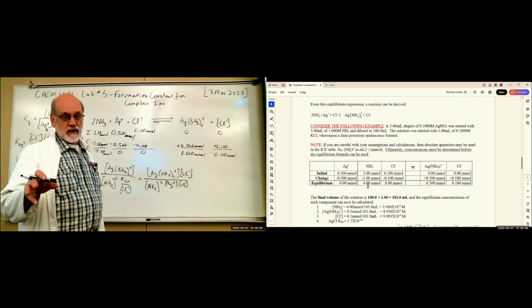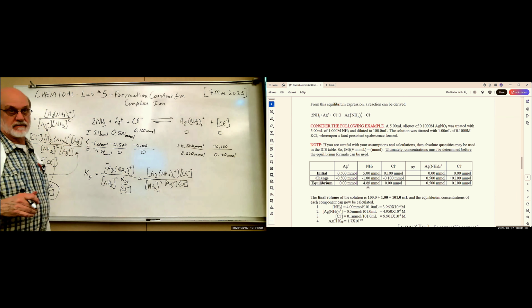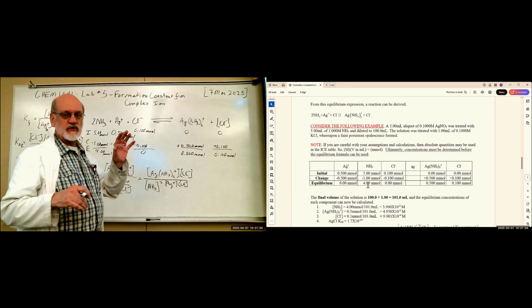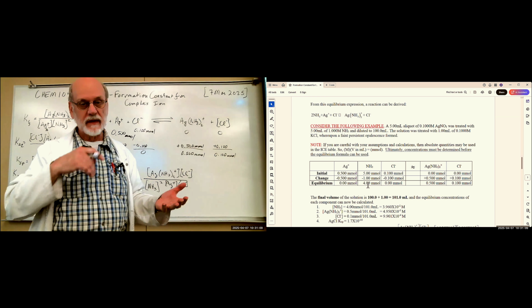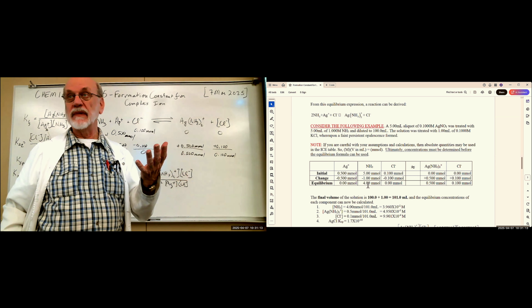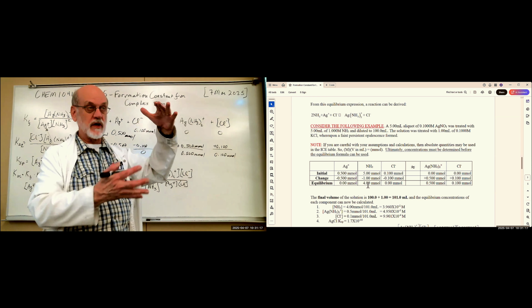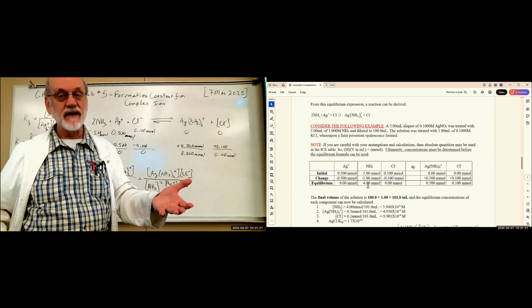Now that we have those values, we need to calculate the concentration. Okay. We have the absolute values, but the concentration we have to take into account is what's the final volume? Well, we started off with 100 milliliters, right? That our preparation was 100 milliliters, but we added some potassium chloride solution. How much did we add?